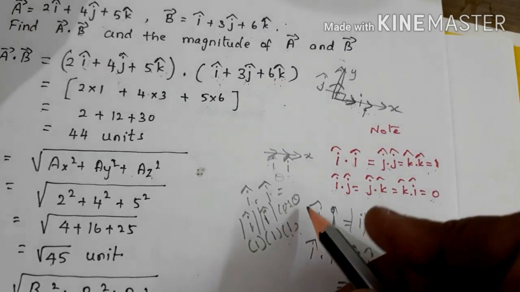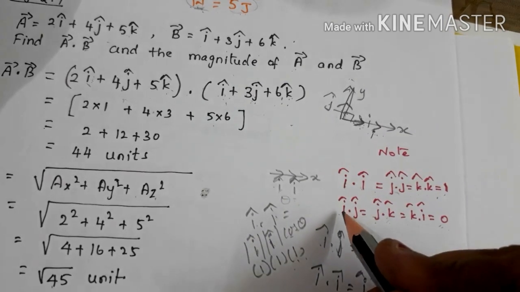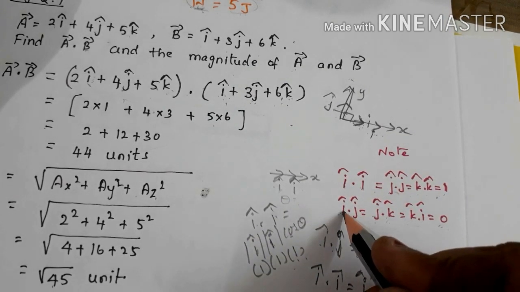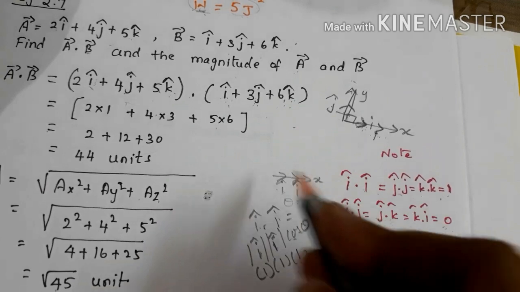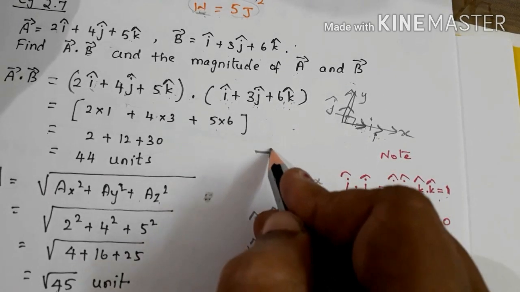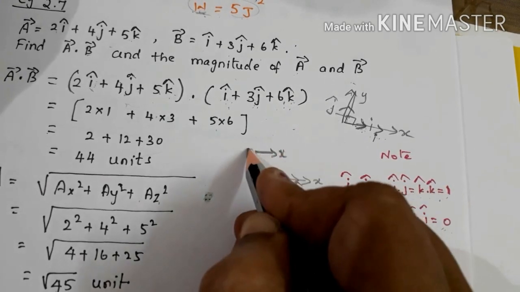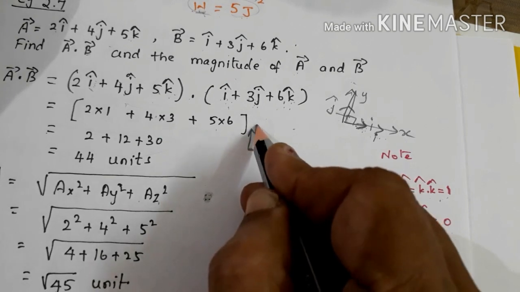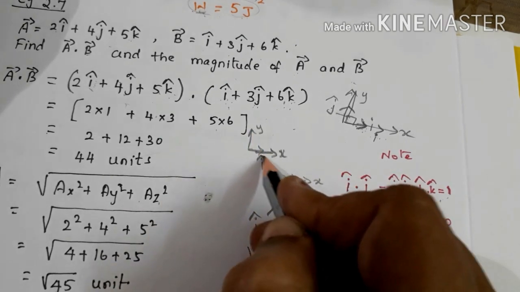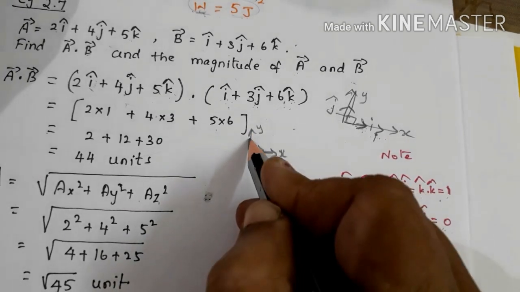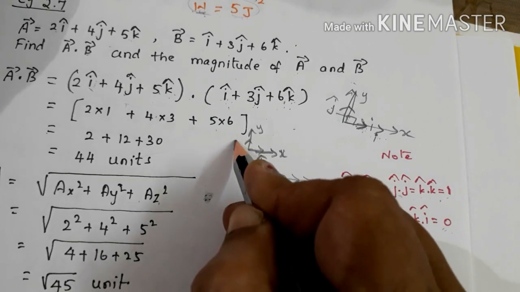Whereas if you find the dot product of two different unit vectors, say i dot j cap, you know that i is acting along the x-axis, right? j is acting along the y-axis. The unit vector along x is i cap, along y is j cap.